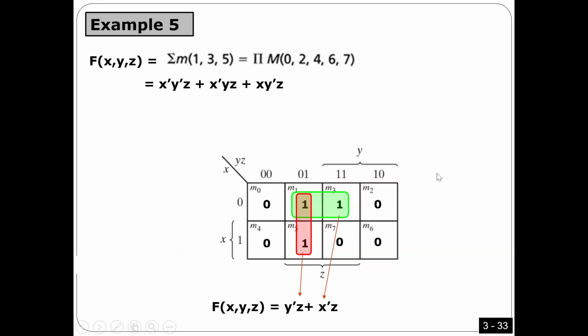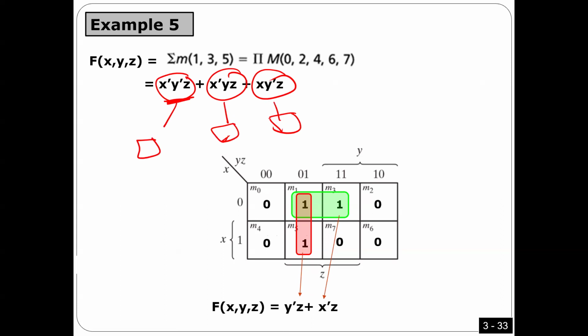Or I can give you the function this way. You already know, be careful, if this is 3 variables, that means it's only 1 square. You already know this 1 square because it's 3 variables. So if you see the intersection of x prime, y prime, and z, you will get 1 square. If you go to the intersection of x prime, y, and z, you will get 1 square.